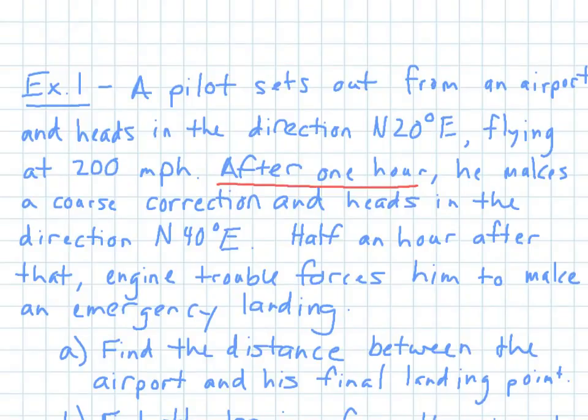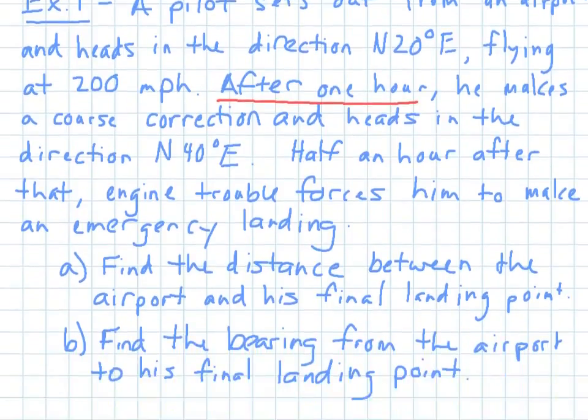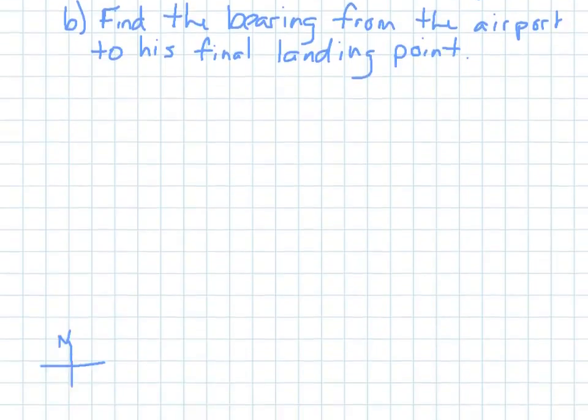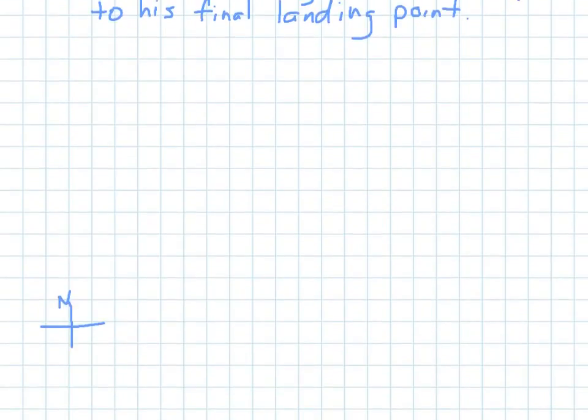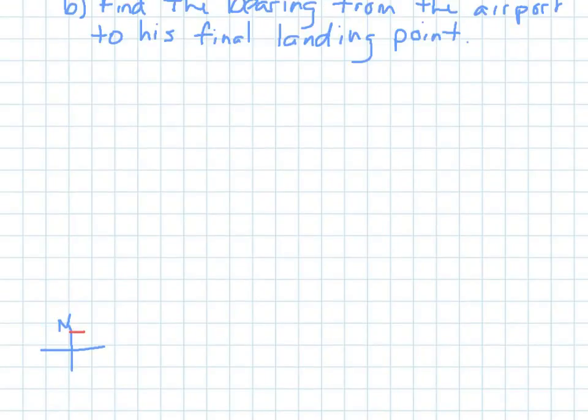Then he makes a course correction. So for 1 hour, he's going to fly 200 miles per hour. So north 20 degrees east. So let's say 20 degrees there. Okay, so 200 miles per hour for an hour, just like it says miles per hour, I would have gone 200 miles if I was him.